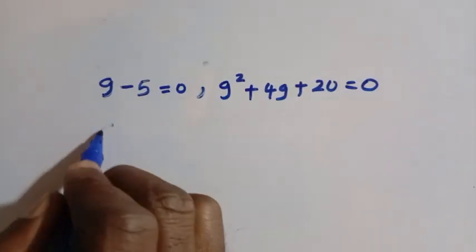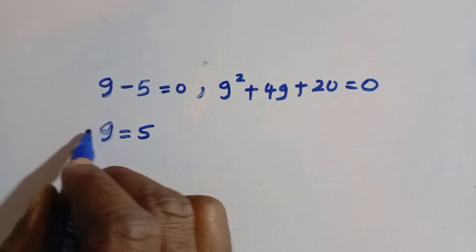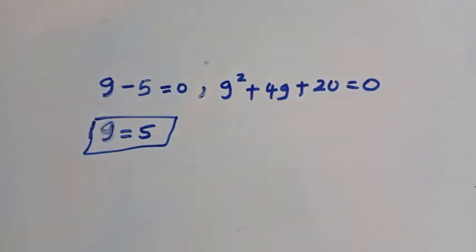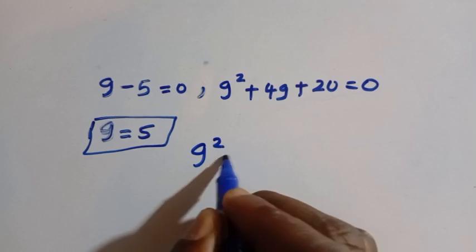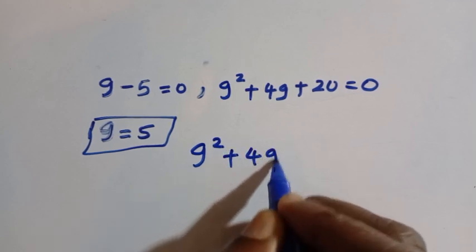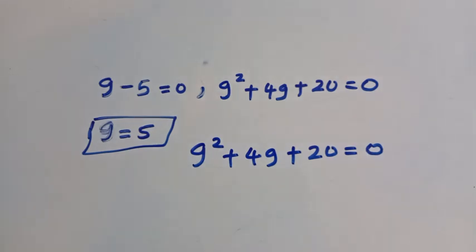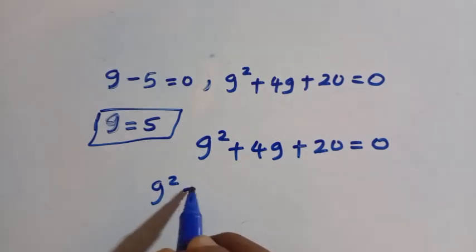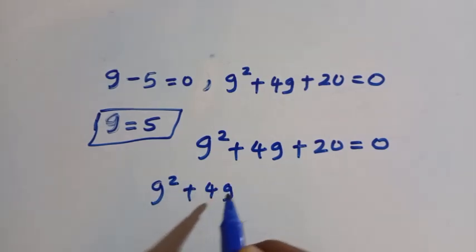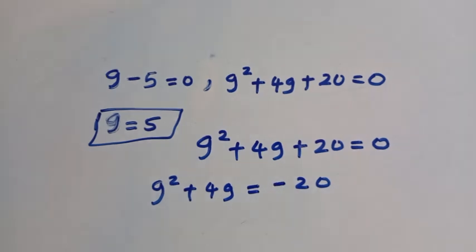So for the first one, this shows that the value of g here equals 5, and here is the first solution to this. And also for this one, we have g squared plus 4g plus 20 equals 0. And from here, let's say we transfer 20 to the other side. We have g squared plus 4g equals minus 20.